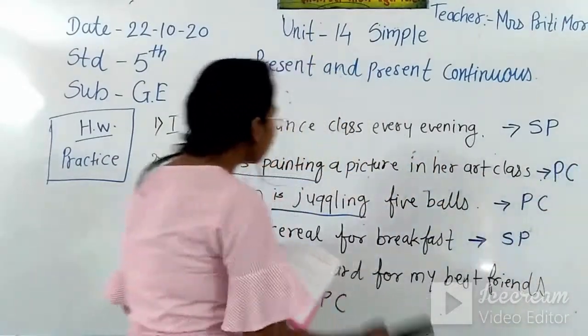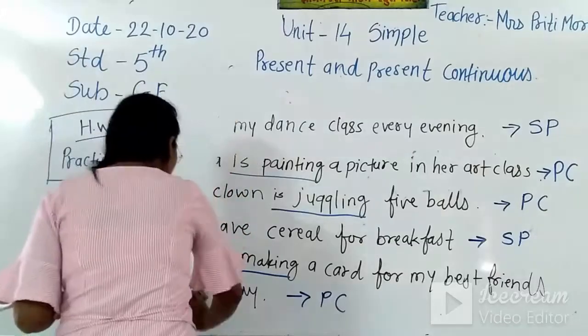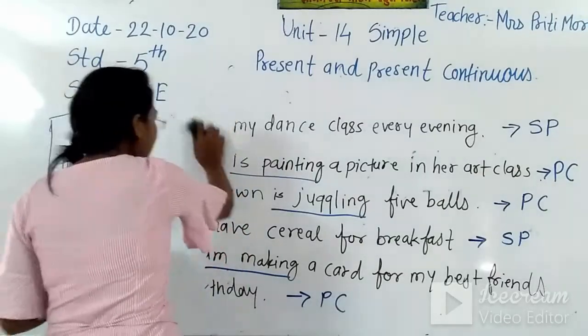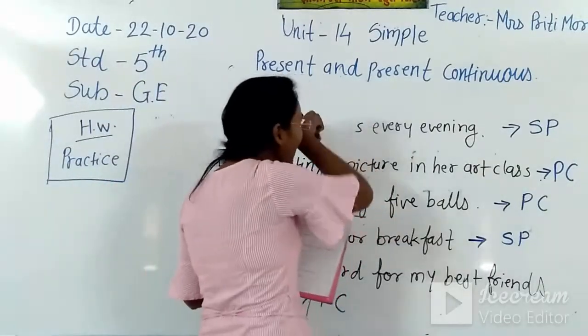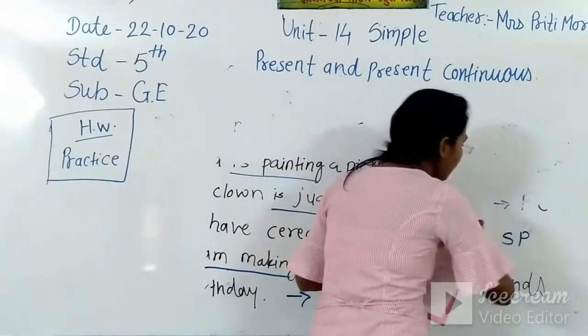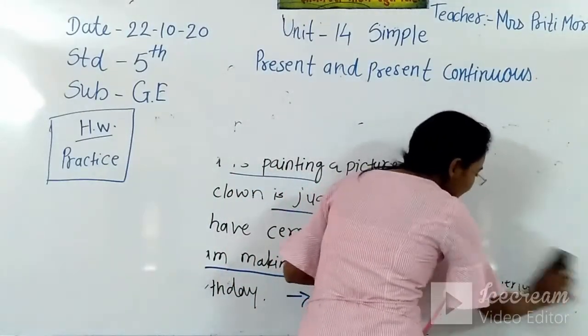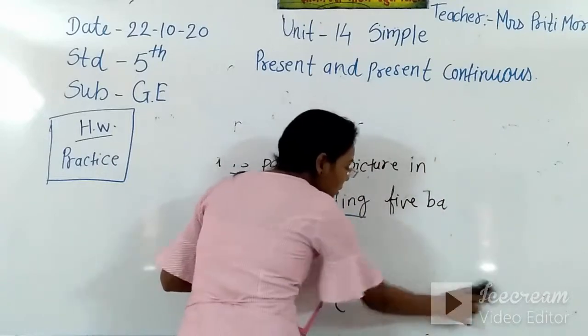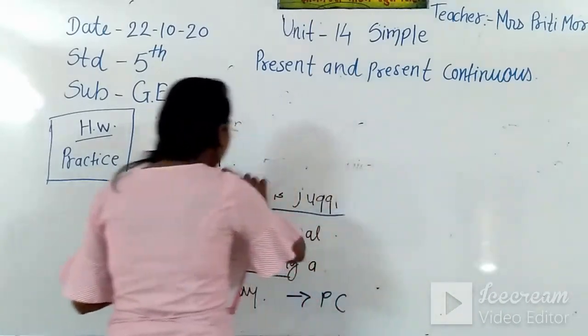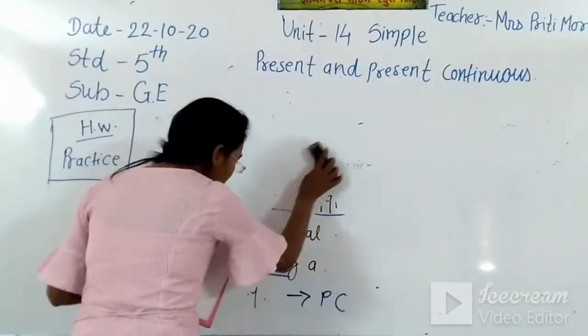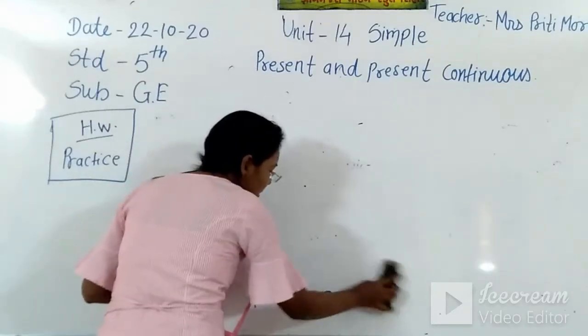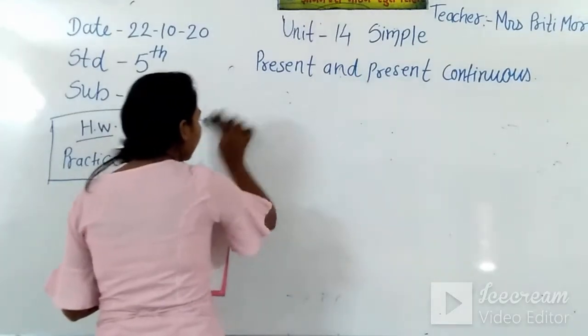So I hope this one you have written. So I just rub and let's do extension exercise A. Practice A is your homework, and right now we are doing the extension exercise, focus exercise we have completed.